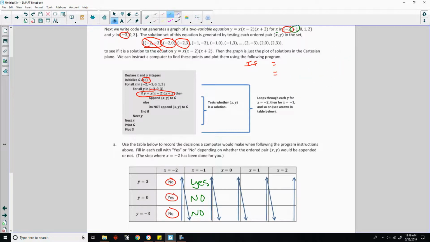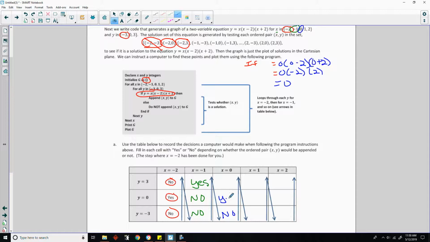I will change colors to blue, and now we're using 0. Plugging 0 in for x will give us 0 times 0 minus 2 times 0 plus 2. Well, I already know that this first 0, it doesn't matter what's in the parentheses, we're not going to get a value other than 0. Okay, so obviously -3 is going to be no. It does not equal -3, it equals 0.